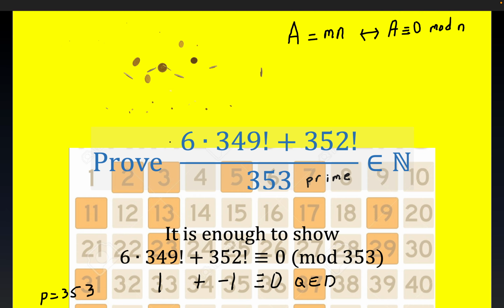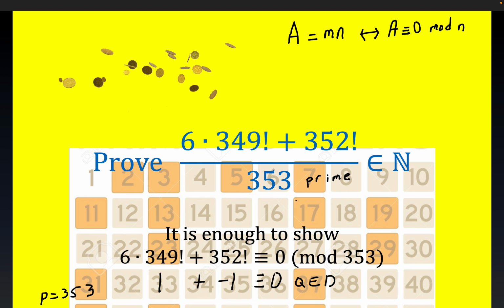And that number's too big to calculate. But that would be a manageable number if you wanted to factor out 349 factorial and show that the remaining piece of the factor was divisible by 353.